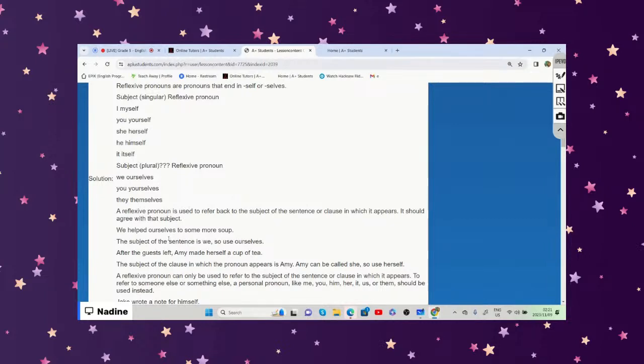And they also see that the subject needs to agree with the reflexive pronoun, right? And earlier on we showed that, it says we helped our children to some more soup, which means that this refers to more than one person, right?